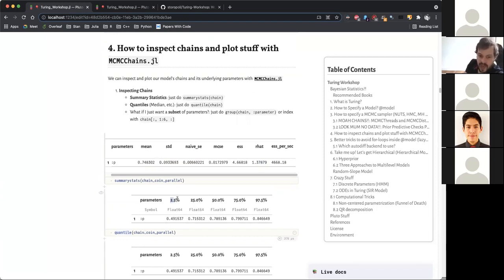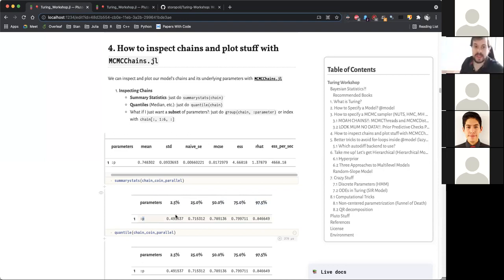By default, we have the median, the 25 and 75% quantiles, what we call the Q1 and Q3 in classical stats. And we also have the 2.5 and the 97.5% that encompass the 95% quantile range for the values of this parameter p here.